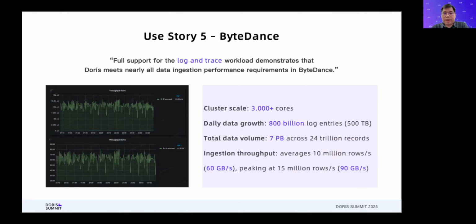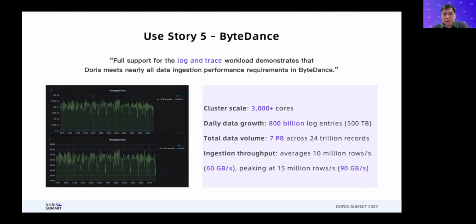The last story I want to share is from ByteDance. Full support for the log and trace workload demonstrates that Doris meets nearly all the data ingestion performance requirements in ByteDance. The cluster has 3,000 cores, and the daily data growth is huge, 800 billion records and about 500 terabytes every day.